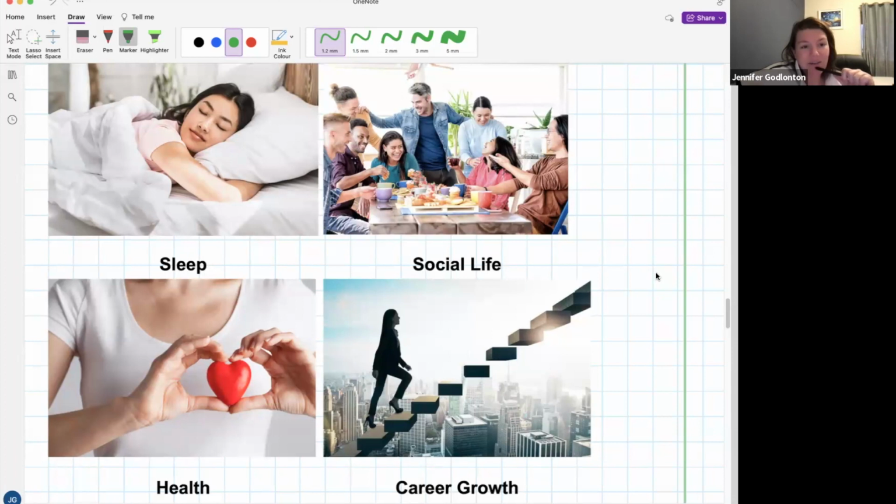We have to either get rid of sleep, social life, health, or career growth. What are we going to get rid of? Career growth. No, you got to get rid of one. This is like being an adult. This right here is adult.